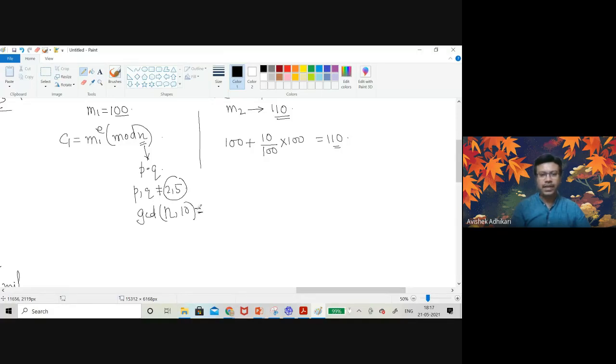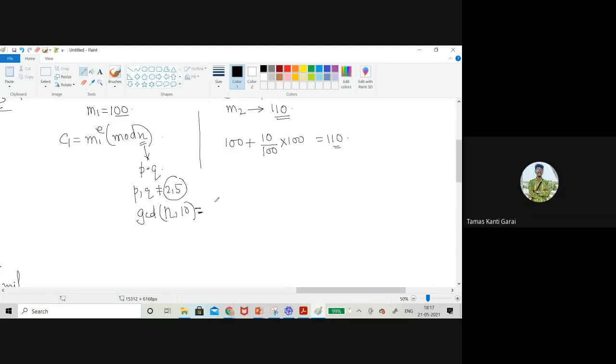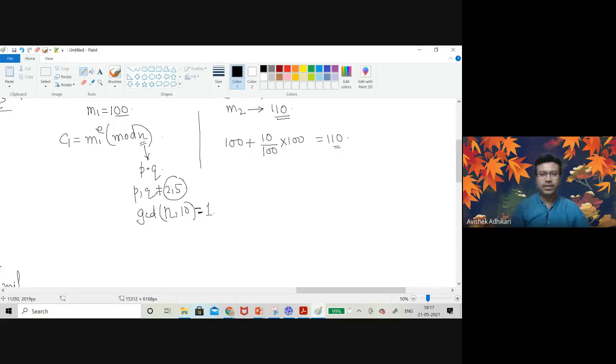It should be 1, because P and Q are not 2 or 5. So within this n you have neither 2 nor 5, and only 2 and 5 are the factors of 10. So the GCD of n and 10 will be 1.